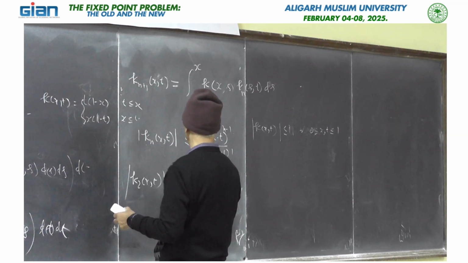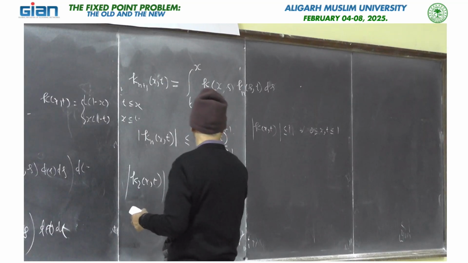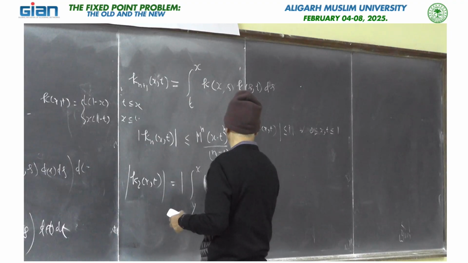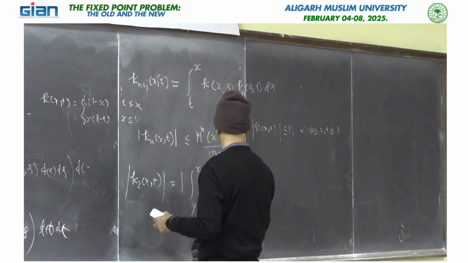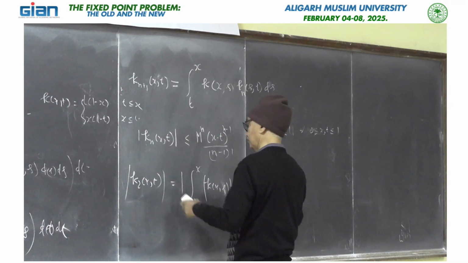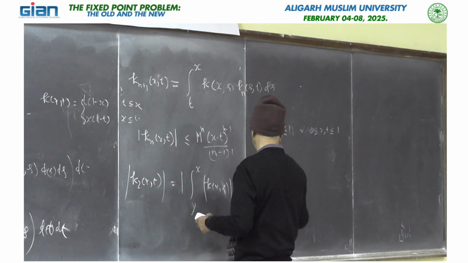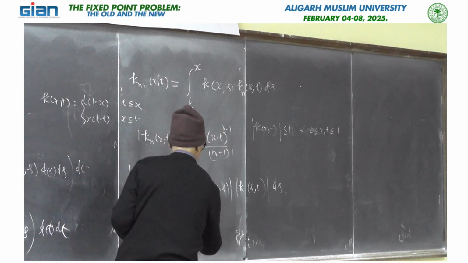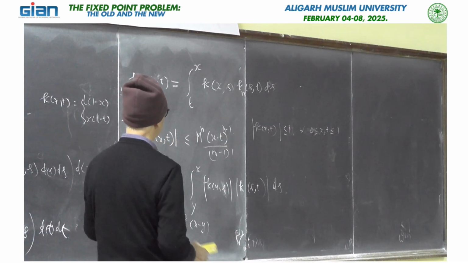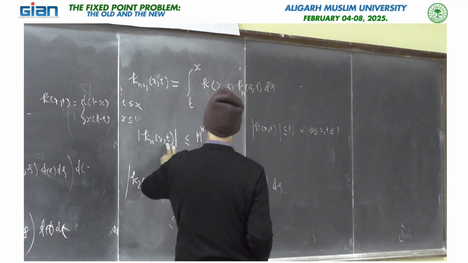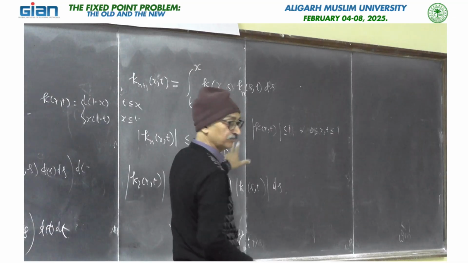That is equal to the modulus of the integral from t to x of K(x,s) K(s,t) ds. So, M squared comes out, times |x-t| simply. So, that is also okay for n equal to 2, that matches.